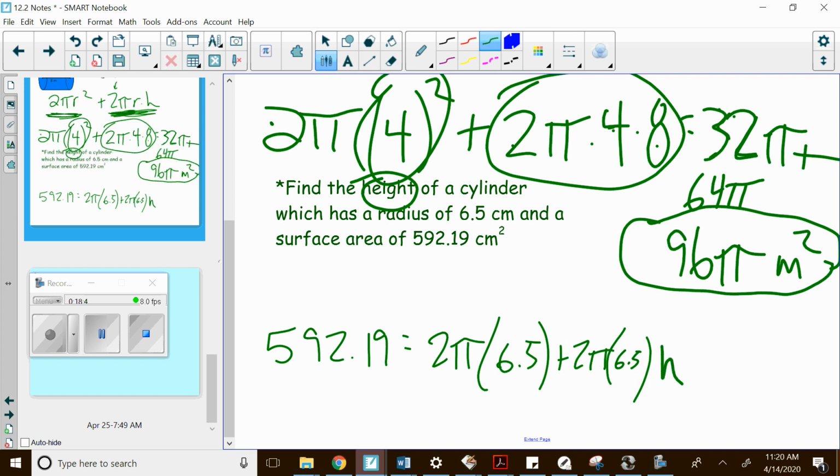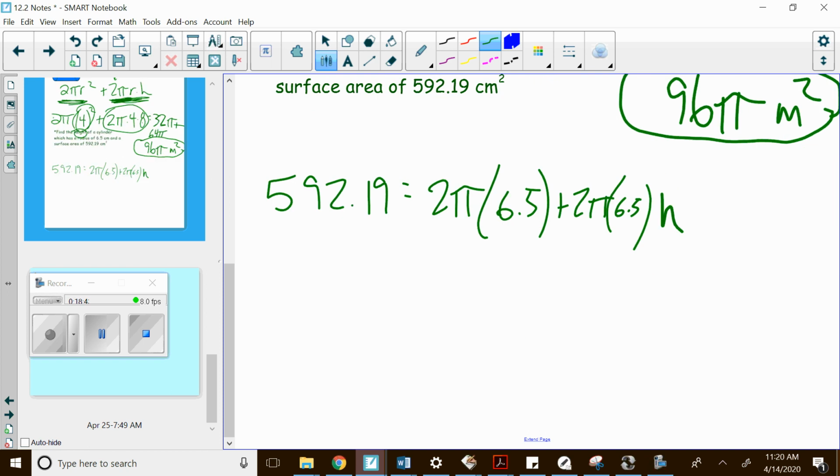Find the height. Okay, well, this is just a calculation. Oh, I messed up. That's 2 pi r squared plus 2 pi r h, so that's not 13 pi.